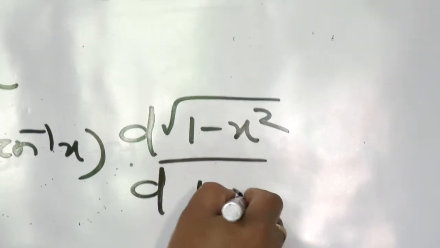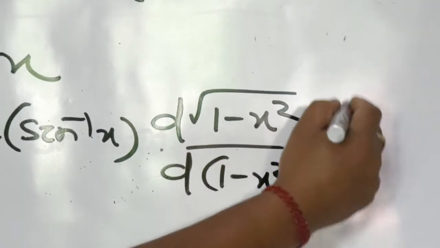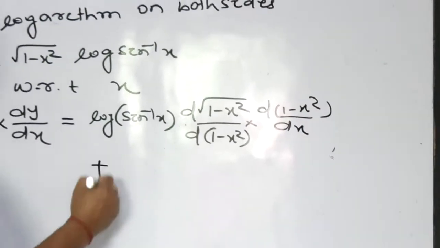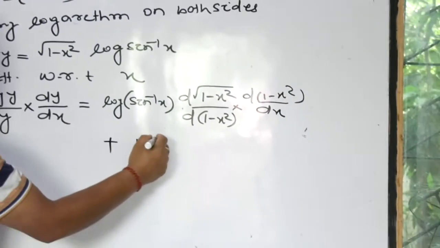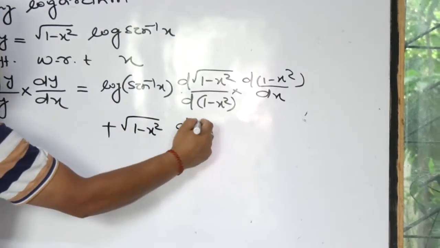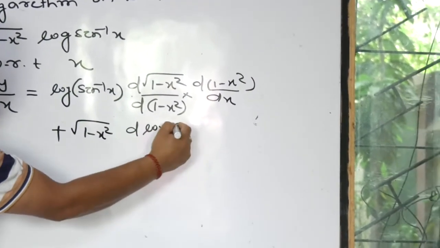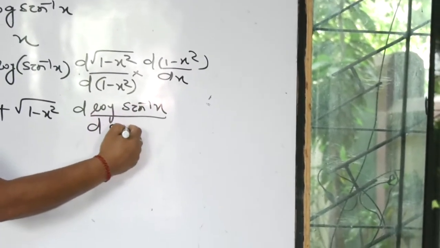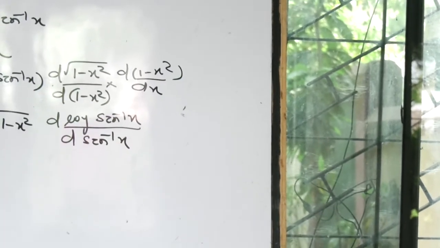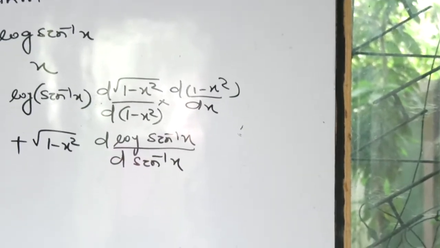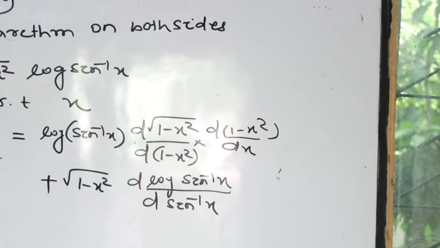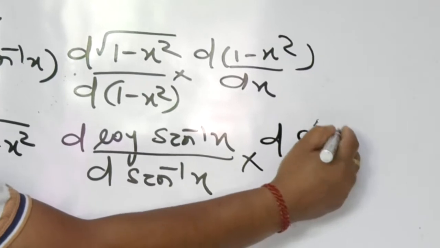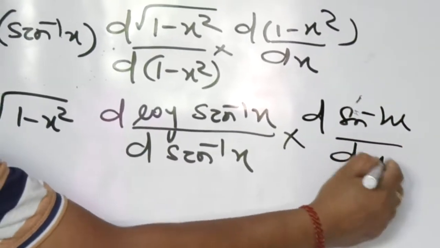So with respect to 1 minus x squared, then 1 minus x squared with respect to x, plus keeping square root of 1 minus x squared fixed, differentiate log sine inverse x with respect to sine inverse x, because we have to use the chain rule here. Here the function is log sine inverse x, into sine inverse x with respect to x.